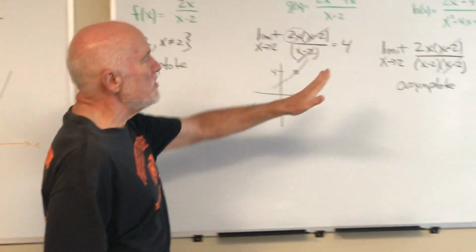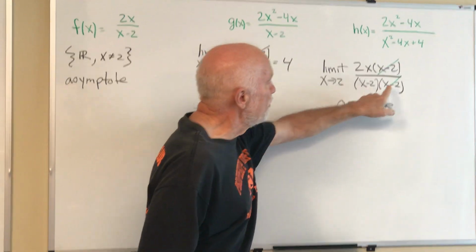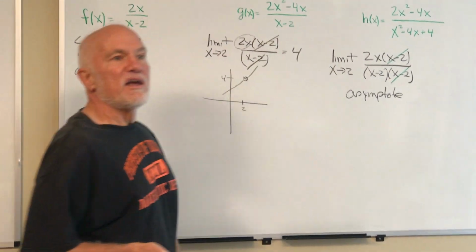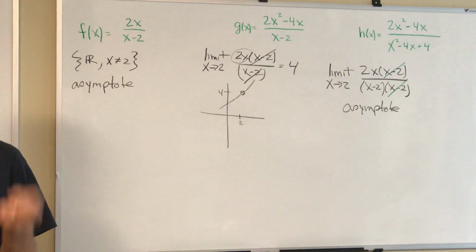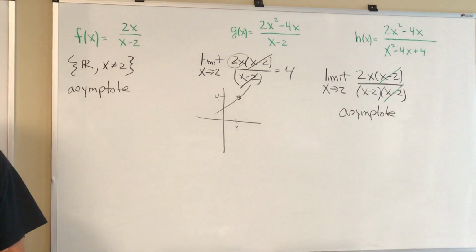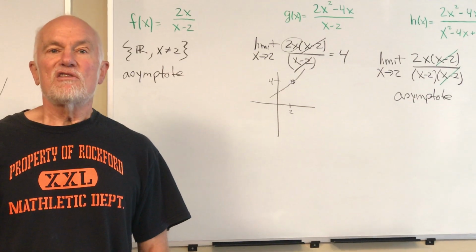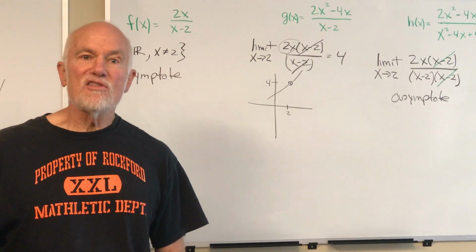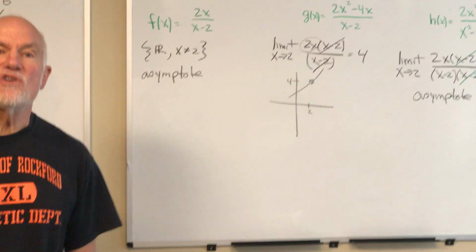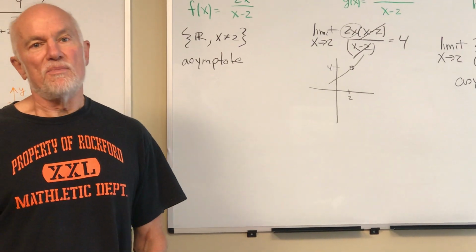But I wanted to show you this case where we have a double root down here where you still can get an asymptote. So what you really have to learn from that is to check, you have to take the limit as x approaches that value and see what happens.